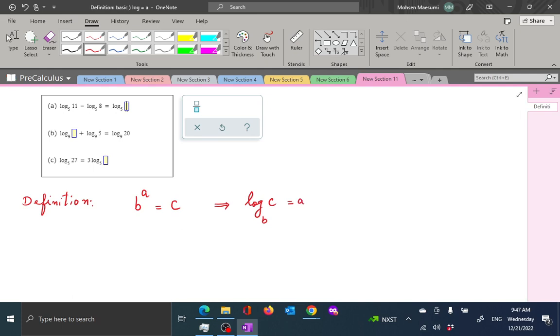And also, if you start with this expression, you can write it in the exponential format, which is here. So this is called the exponential form, and this is called the logarithmic form.